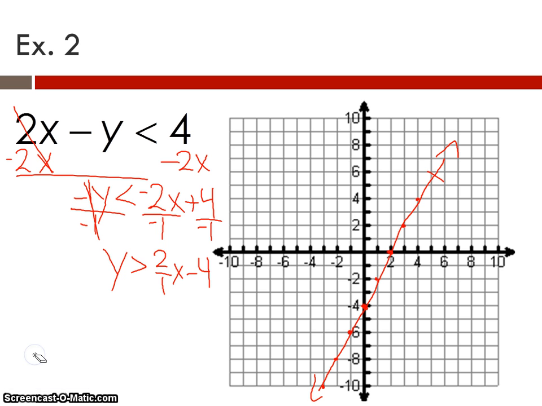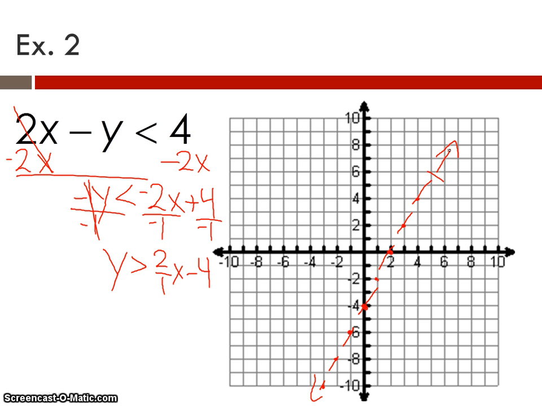So I'm going to do it this way. Okay. And now I have a dashed line.